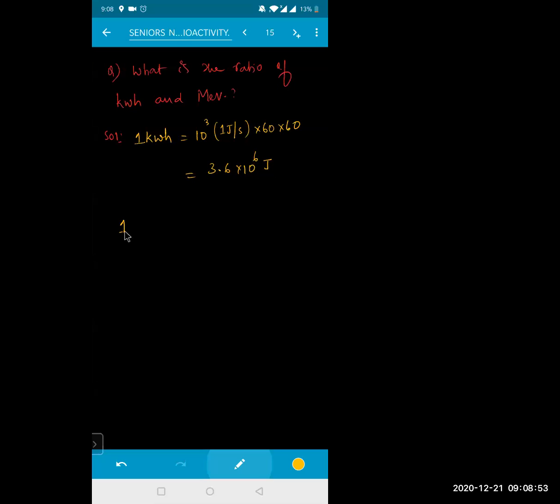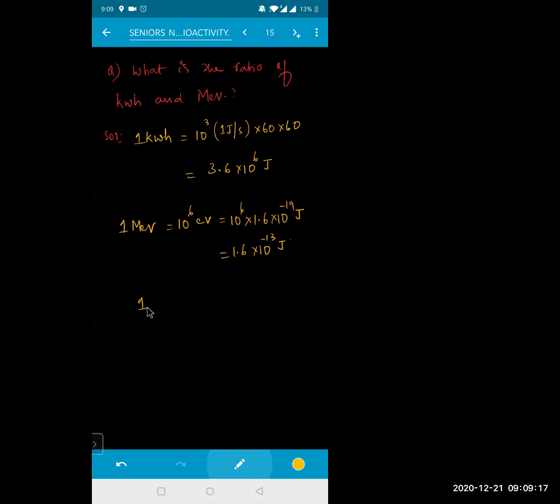The same way, 1 mega electron volt will be equal to 10 to the power of 6 electron volt. Mega is 10 to the power of 6. That is equal to 10 to the power of 6 into 1 electron volt, which is 1.6 into 10 to the power of minus 19 joules. So that will be equal to 1.6 into 10 to the power of minus 13 joules.